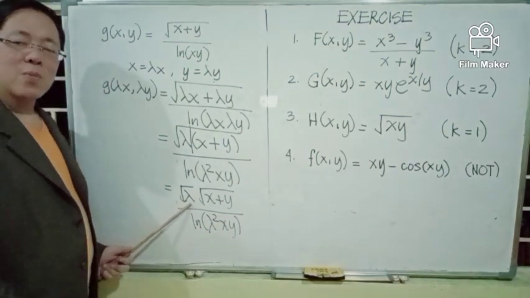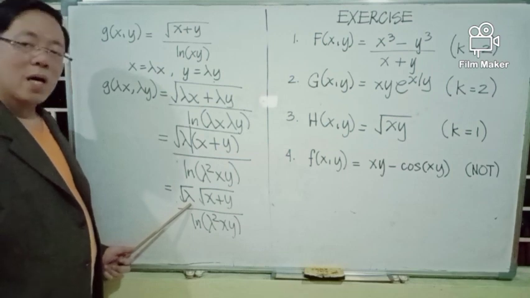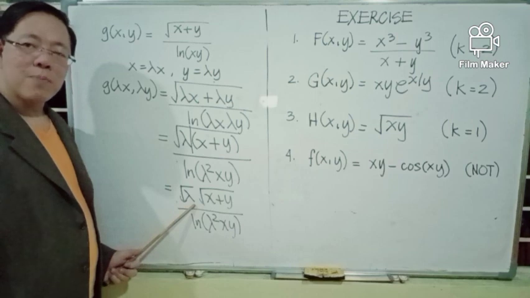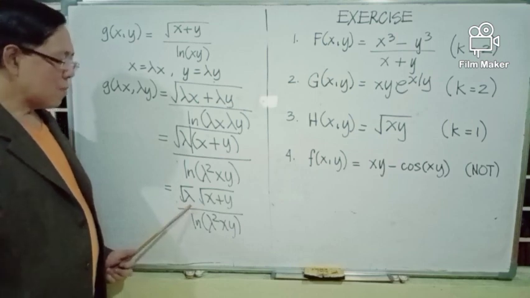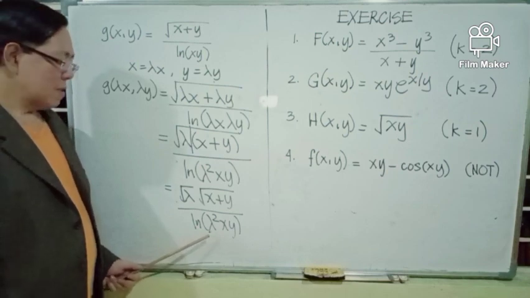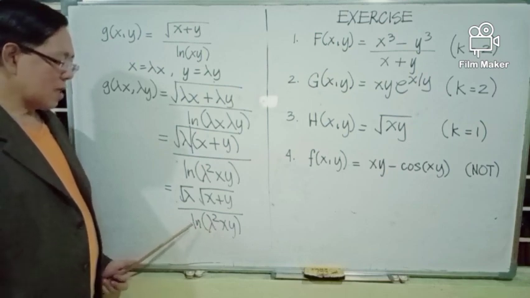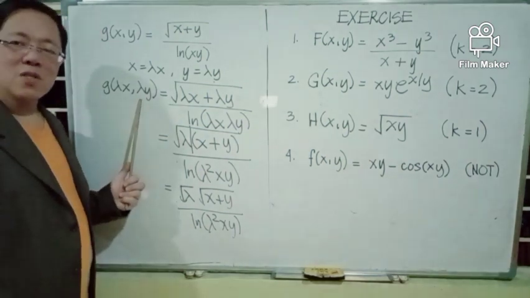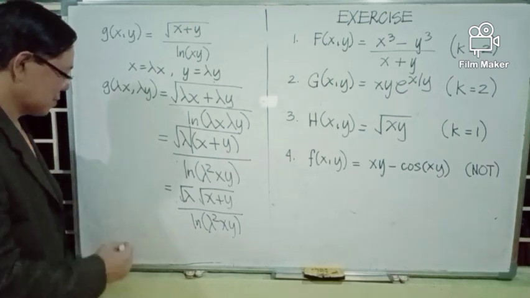Although lambda here in the numerator has an exponent of 1/2, the square root of lambda can be written as lambda to the power 1/2. We cannot combine lambda raised to 1/2 with ln of lambda squared xy because lambda squared is inside a natural logarithm. So this function is an example of a function that is not homogeneous.